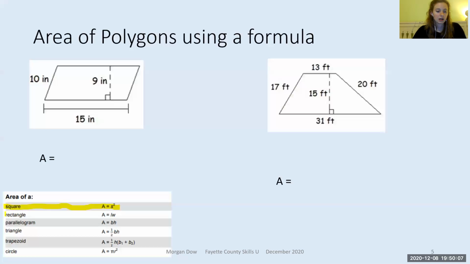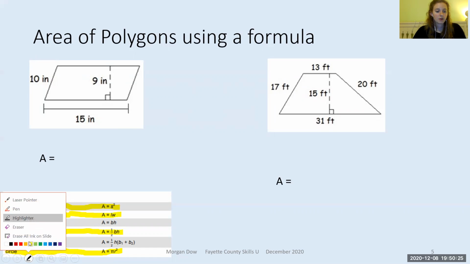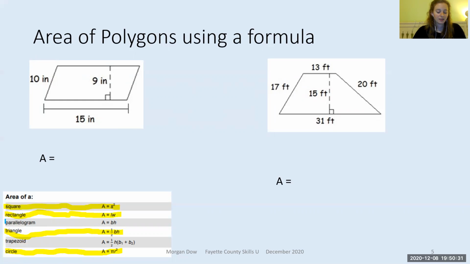We practiced area of a rectangle, area of triangles, and area of circles. And we did identify parallelograms and trapezoids, but we did not practice calculating their areas. So we are going to do that this week.